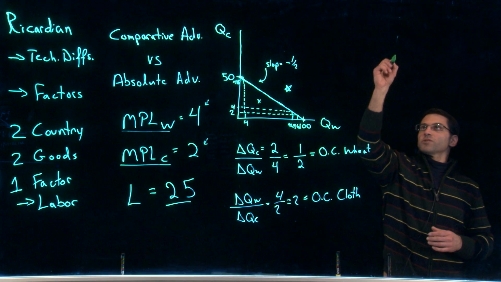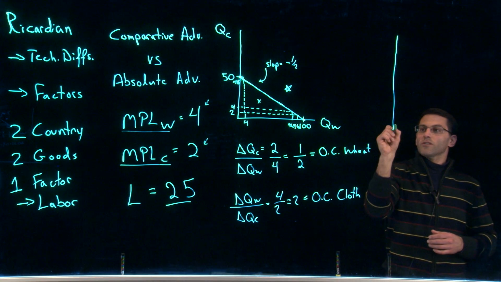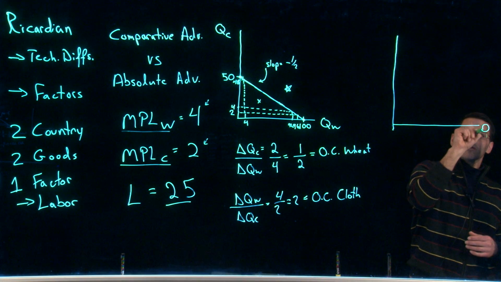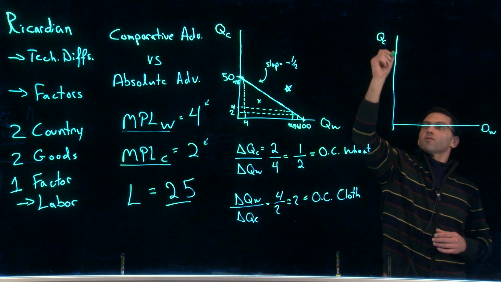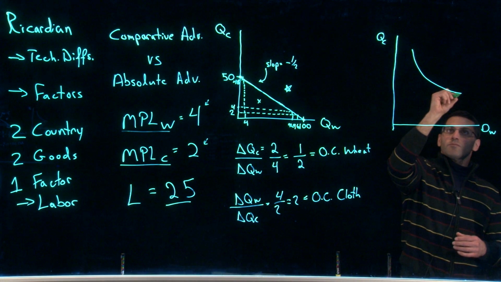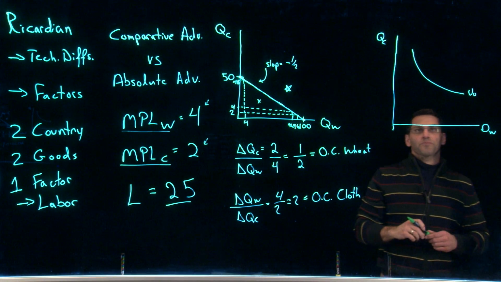Well, an indifference curve shows us all the combinations of cloth and wheat that yield the same level of utility. And so let's call that U0.